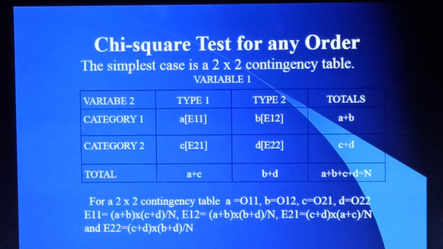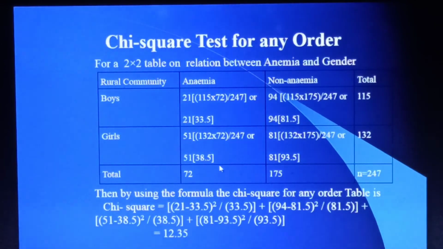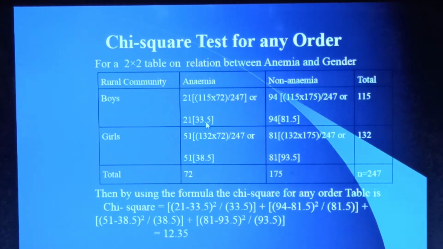Then we compute for our numerical example. 21 is the observed and 33.5 is the expected under the null hypothesis. Similarly, 94 is the observed value and 81 is expected under the null hypothesis of no association, and so on.